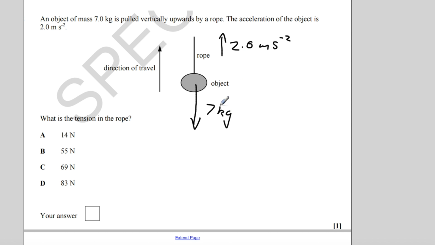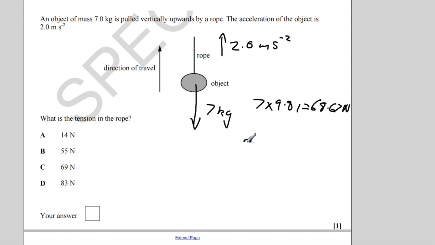So let's first of all look at the force downwards from the mass. So we would just simply do 7 times 9.81 to find its weight, which is 68.67 newtons. And that's one of our answers. And again, that's there to trick you. We also need to add the force causing this acceleration, which is accelerating this mass.